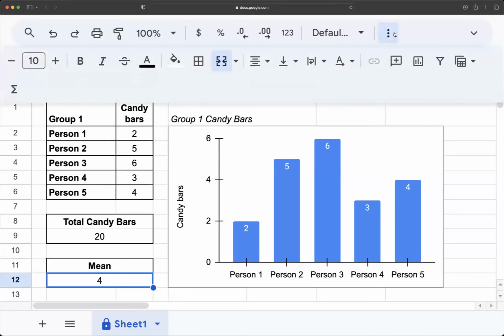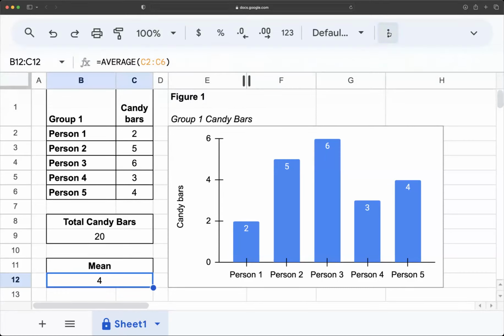To explain this, I'm going to draw it out on the whiteboard for clarity. So we have candy bars, and I'm going to put 0, 1, 2, 3, 4, 5, and 6, because our maximum number of candy bars is 6.